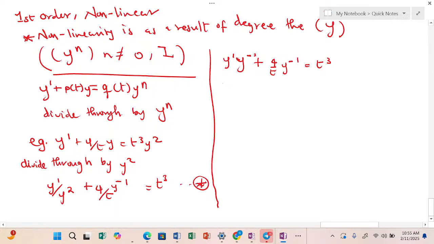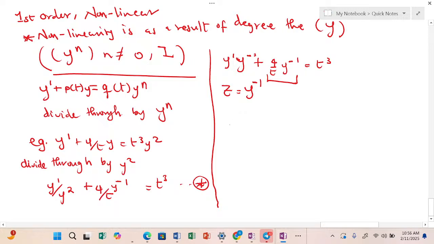So now Bernoulli says we do this: let z be equal to the coefficient of this particular expression. So z becomes y to the power negative 1.